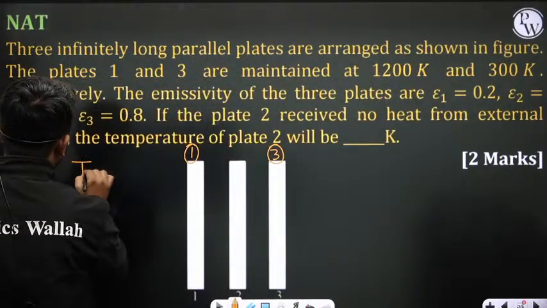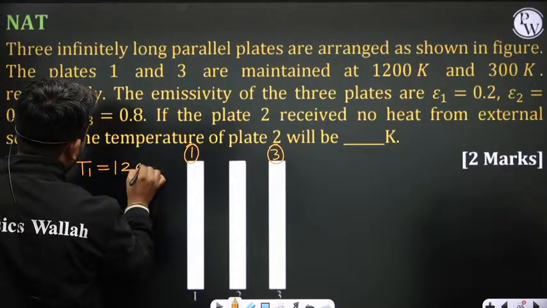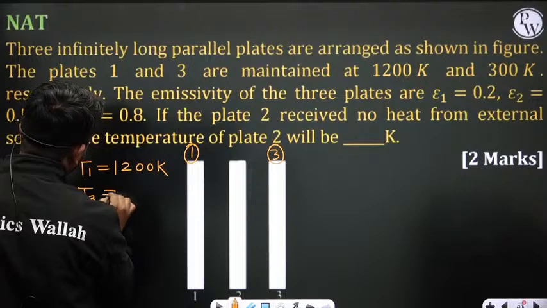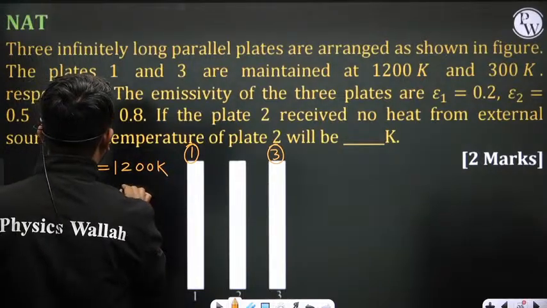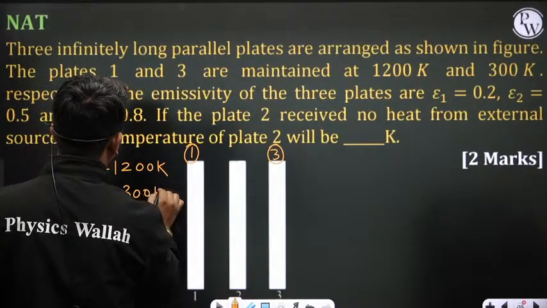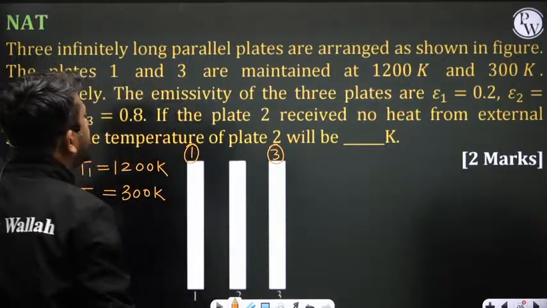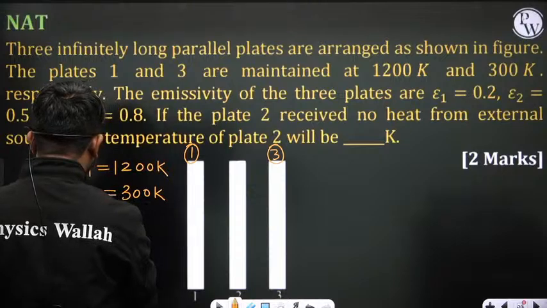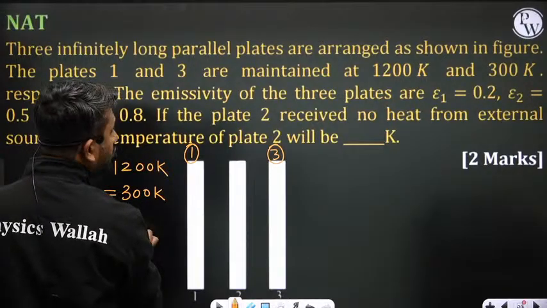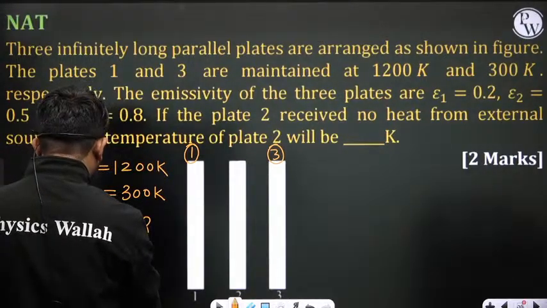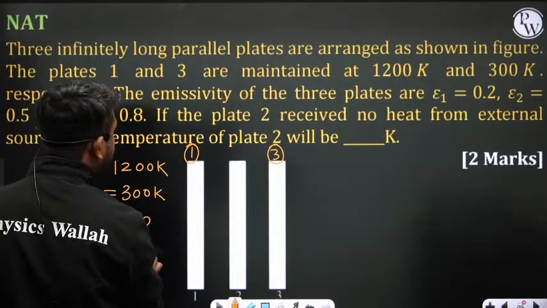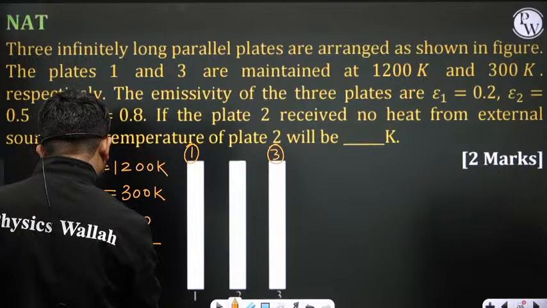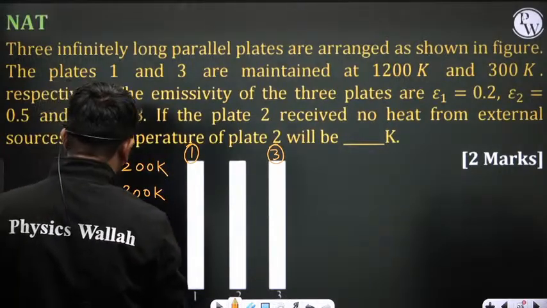So T1 is 1200 Kelvin and T3 is equal to 300 Kelvin. The emissivities of the 3 plates are: epsilon 1 is 0.2, epsilon 2 is 0.5 and epsilon 3 is equal to 0.8.